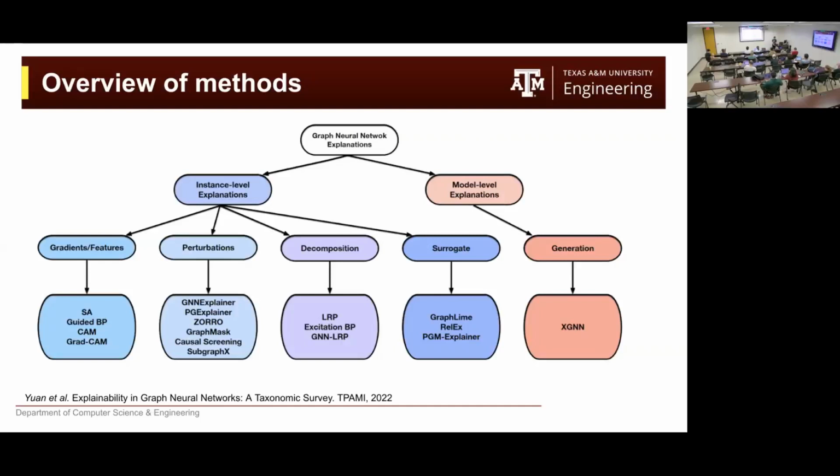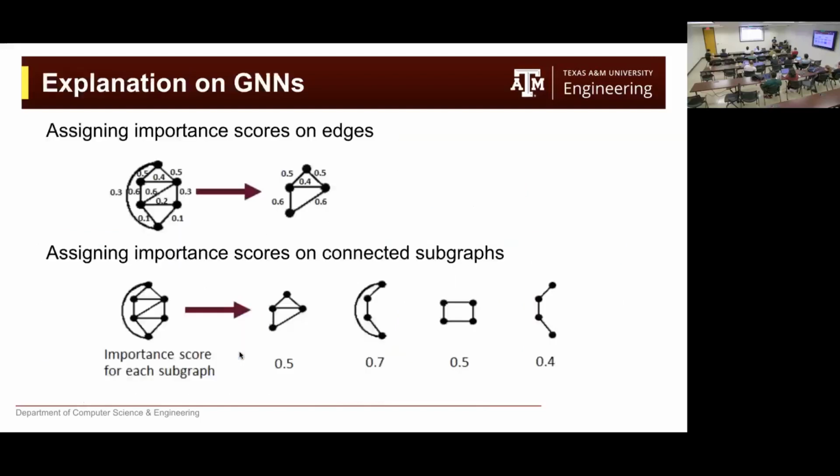And I will introduce two well-known methods, GNNExplainer and SubgraphX. When we explain graph neural networks on graphs, we can formulate it as an importance score assignment task.